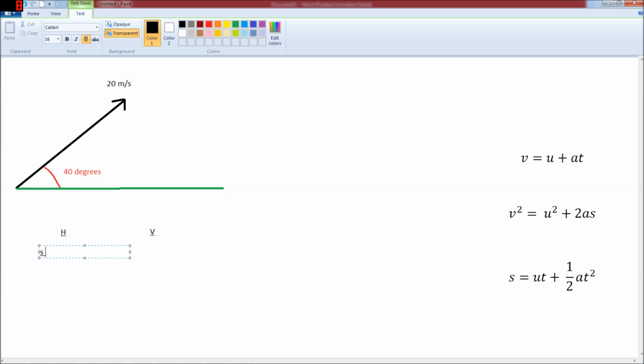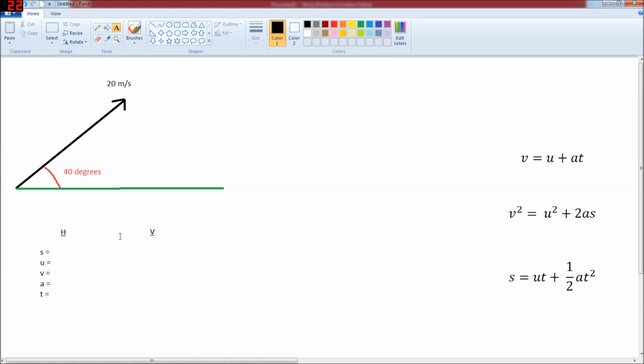We break that down into the five things: s equals, u equals, v equals, a equals, and t equals. That's why, quite commonly, these are called the SUVAT equations.